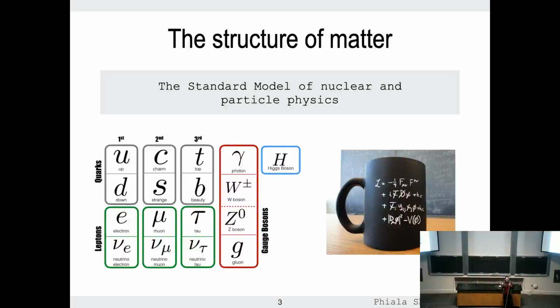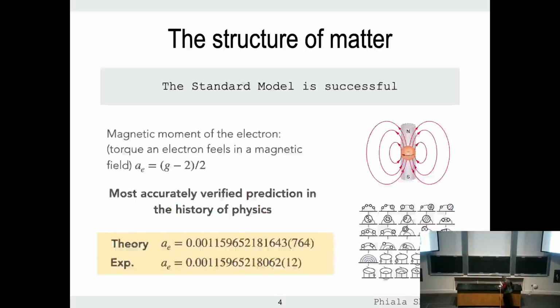And I want to give you just a little sort of feeling for quite how successful this is, arguably one of the best physics theories we've ever had. So here are just 2 examples. This first one, this is the magnetic moment of the electron. Now, that is how much torque an electron feels when you put it into a magnetic field. Here what I'm showing is the anomalous magnetic moment. That's just the deviation from the tree level or from the classical result.